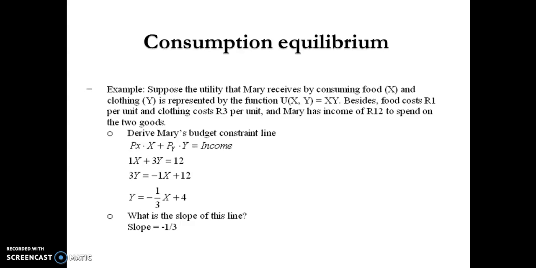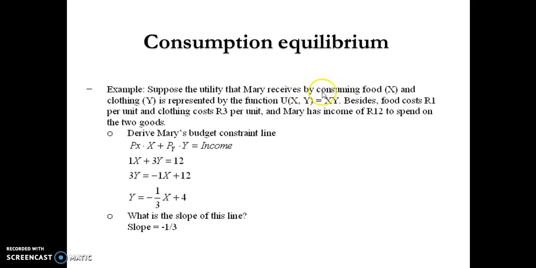So here is an example. You are told, suppose the utility that Mary receives by consuming food, that is good X, and clothing, good Y, is represented by the utility function U is equal to xy, the product of xy.